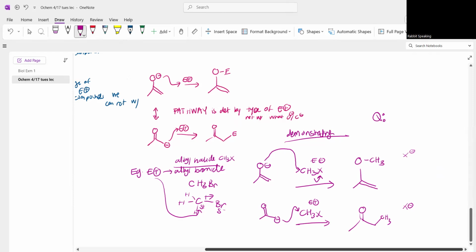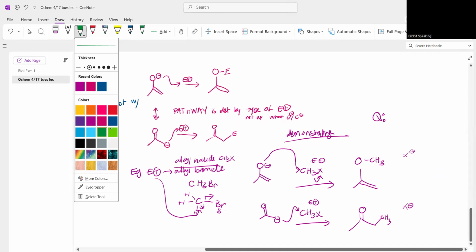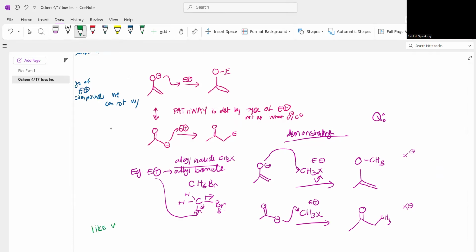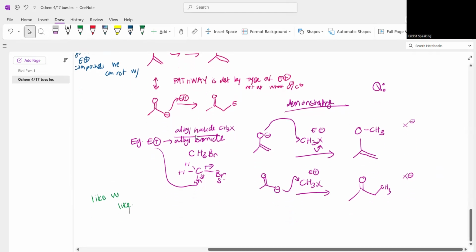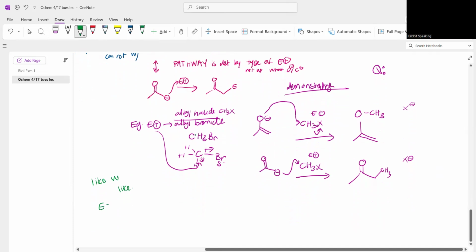My professor brought back this foundational concept of like with like. So basically, our electrophile will react with what's like it.